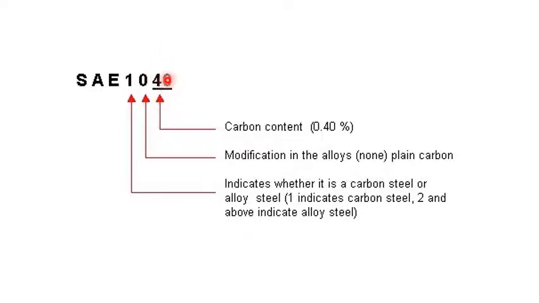So 40 means 0.4 percent; dividing by 100 gives the carbon content of that particular steel. For example, in SAE 1020 or AISI 1020, 10 indicates carbon steel, 0 indicates no major alloying element, and 20 indicates the carbon content is 0.2 percent. So once we understand this, we know the alloying elements added into the steel.